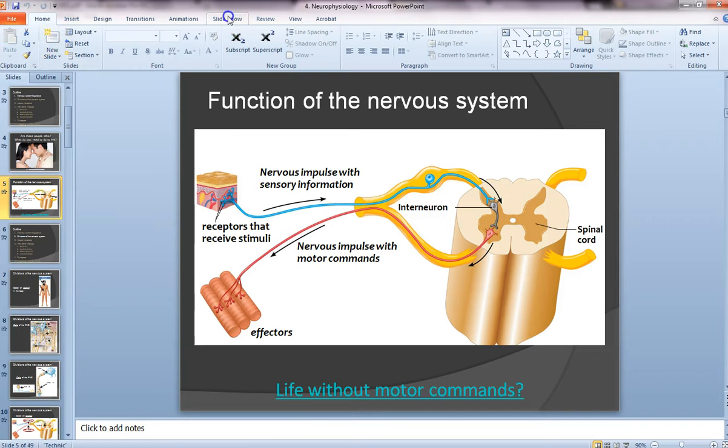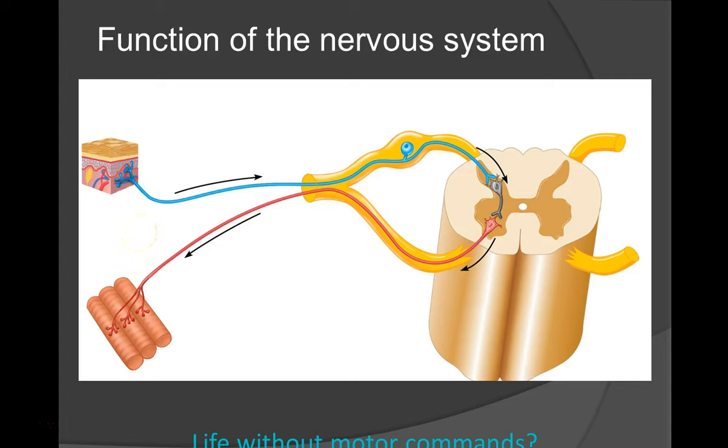I generally like to start in class with this slide. What this is showing is a piece of skin here, and then we have this big blue thing that looks like it has kind of these sticky feet. It's going to go over to this structure, and this is actually representing the spinal cord. Here we have another structure with red sticky feet.